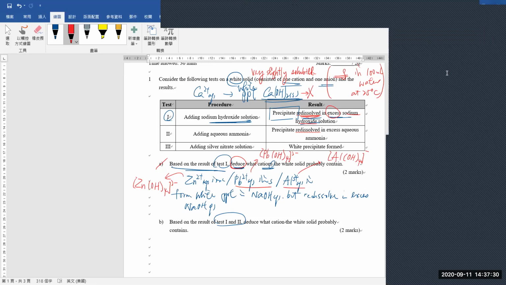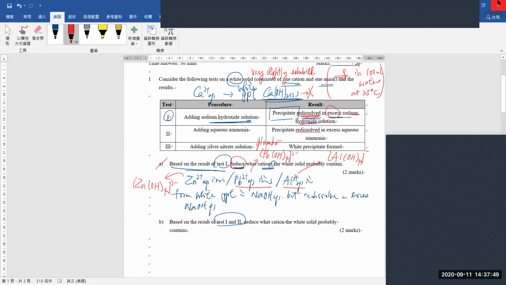Tetrahydroxide. Indeed, we have got some simpler terms. You may see the name hydroxy, and you may find that we have plumbate, aluminate. Yes, that's right. We call that plumbate, aluminate.